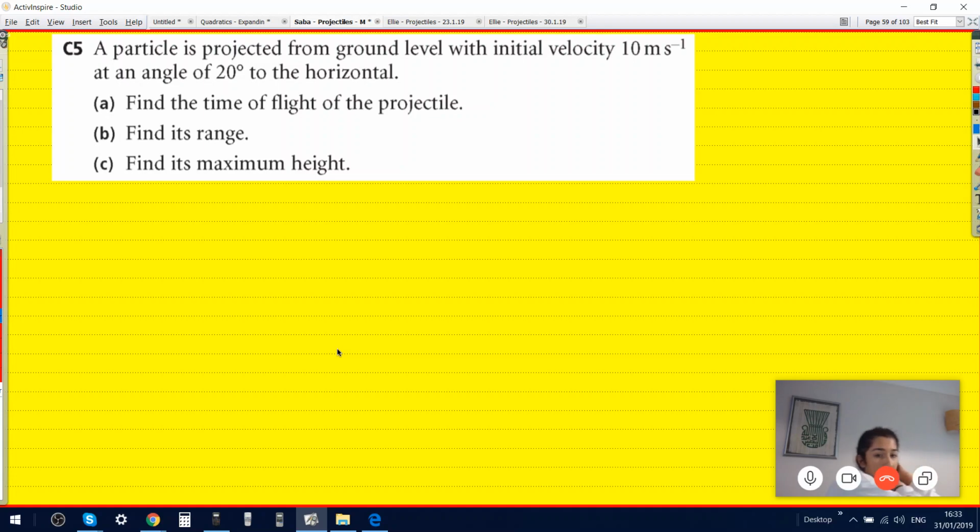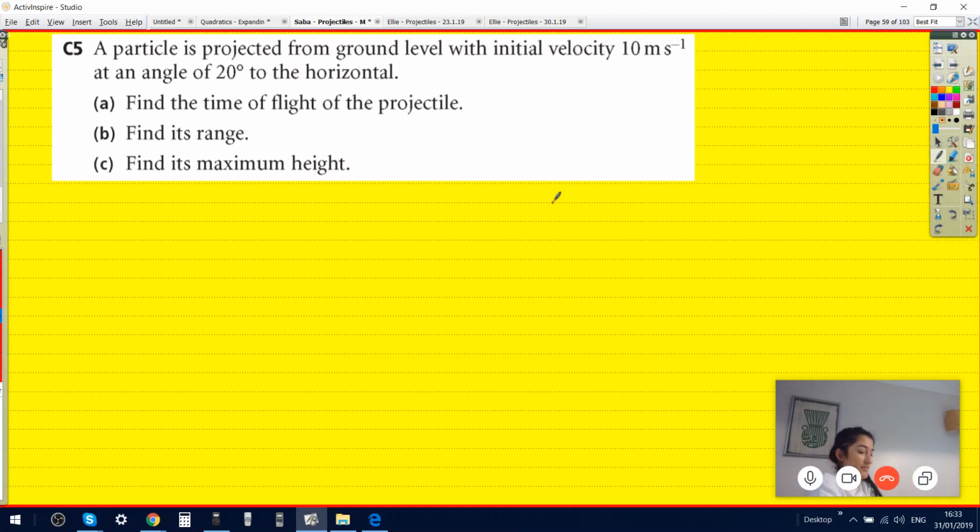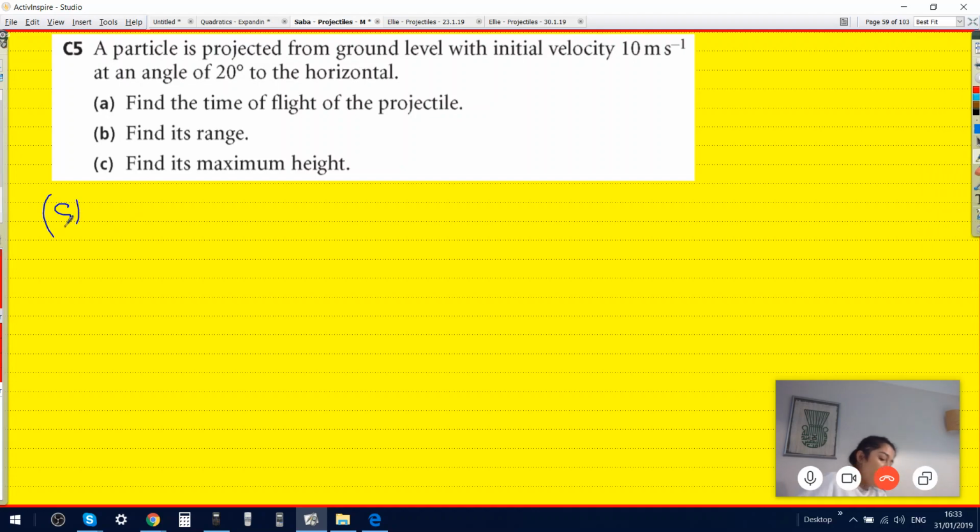A particle is projected from ground level with initial velocity and angle. Okay. So, ground level, particle, initial velocity is 10. Angle is 20.